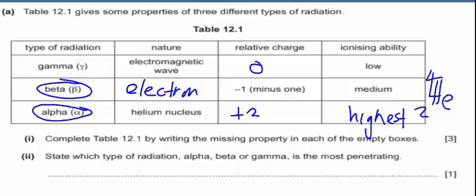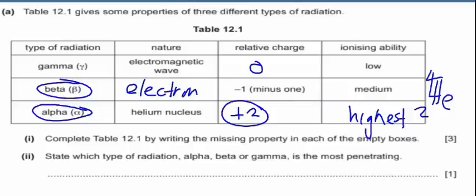Number 1, it is saying complete table 12.1 by writing the missing property in each of the empty boxes. So we have already completed here. Now, where is this 2 coming from? Whenever an isotope undergoes alpha decay, you're going to find that the proton number is going to be reduced by 2.